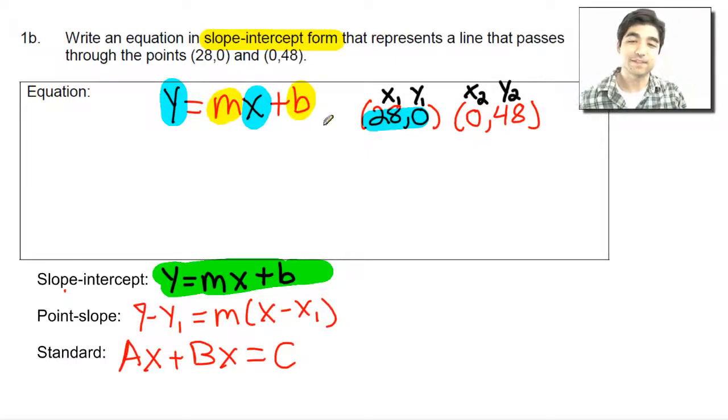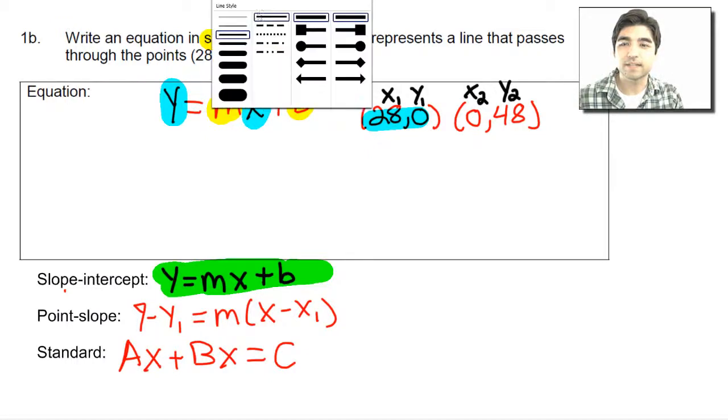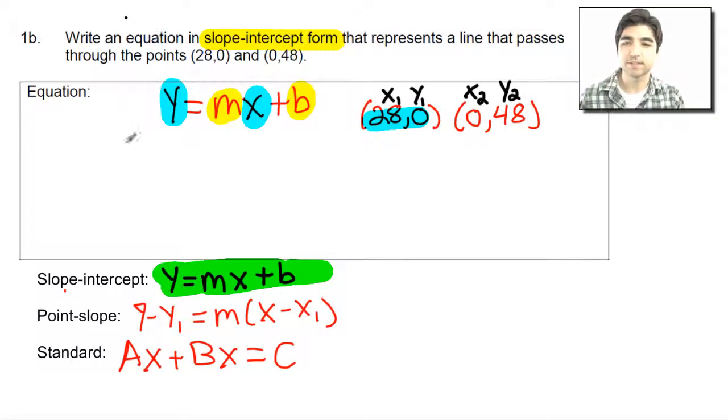So we need to find those. I'm going to do that in 2 steps here. First, we need to find the slope. This m stands for slope.